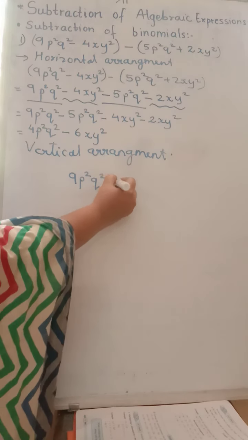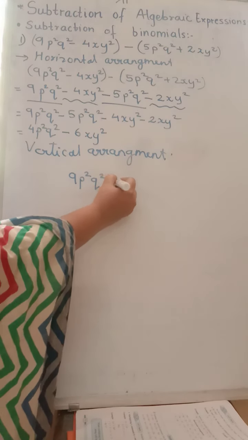So here we'll begin with the next subtraction, that is subtraction of trinomial. So I have taken a question, that is 16x plus 23y plus 12z. Okay. And the other trinomial is 9x minus 27y plus 14z. Okay. Now first we will see how to solve this sum with horizontal arrangement. For that I will write the first trinomial in this way. 16x plus 23y plus 12z.